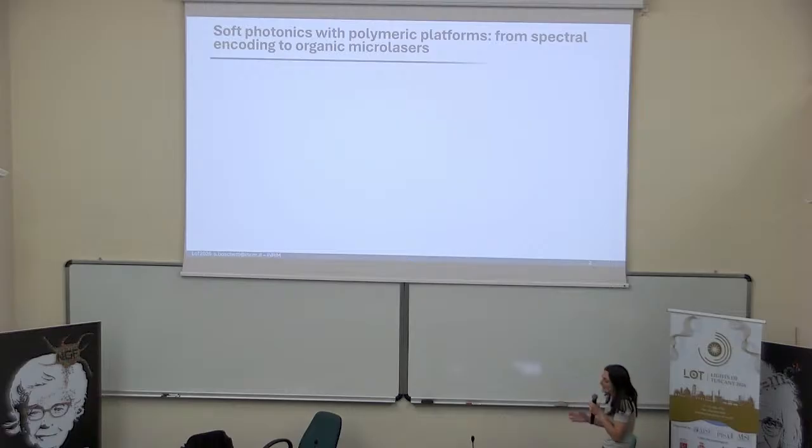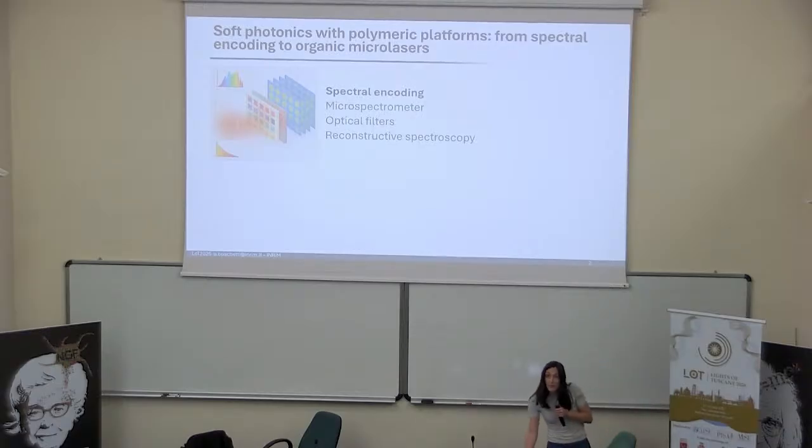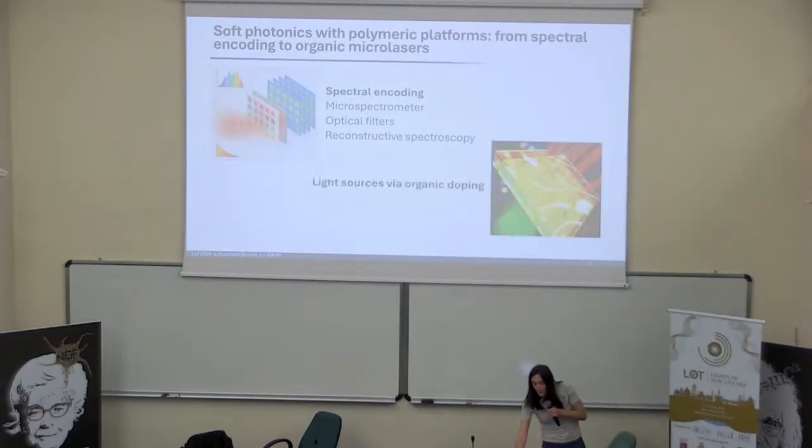The first part is related to spectral encoders and in particular optical filters for reconstructive spectroscopy approaches and microspectrometers, and the second part is more devoted to active devices. So in particular, polymeric material for micro laser, photonics, and so on, okay.